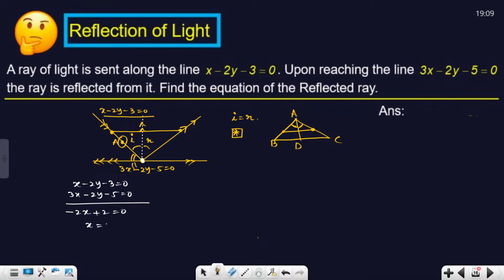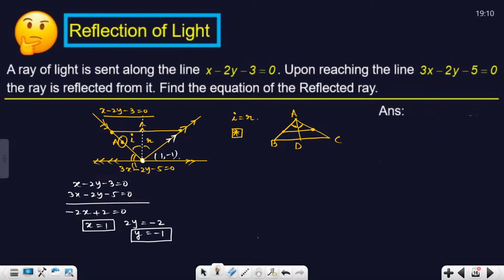So we are getting x as 1. If x is 1, put it here, so we have 2y equals minus 2, y is minus 1. So this point is nothing but (1, minus 1). Now we know that this line is passing through the point (1, minus 1).